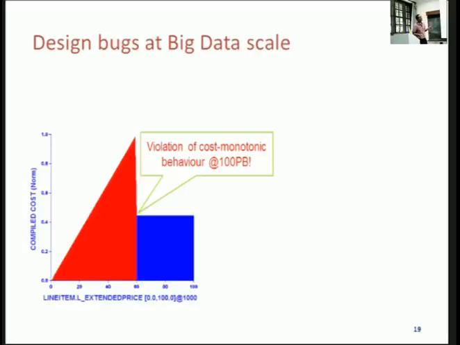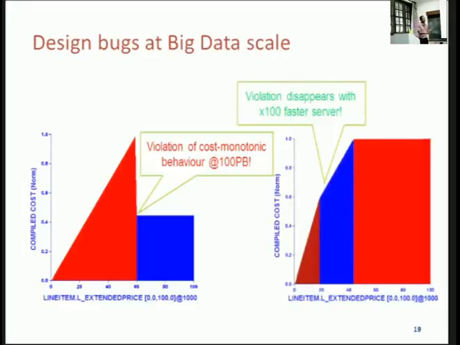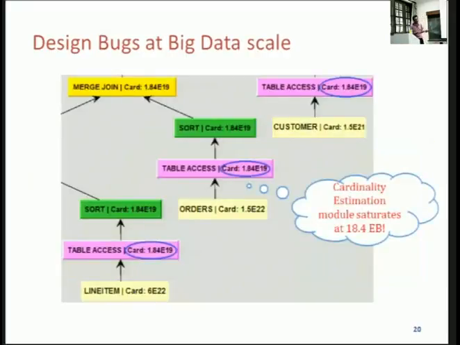That is unusual behavior that we saw at very, very big data, and it was found only using the CORD software. Another nice bug that we found in one of the popular commercial database systems is that there is a 10 power 18 constant hard coded in that system.